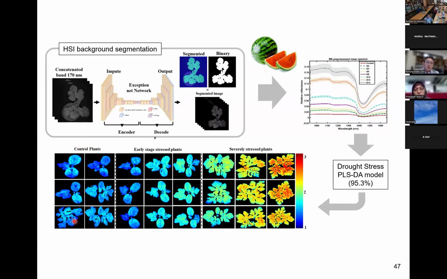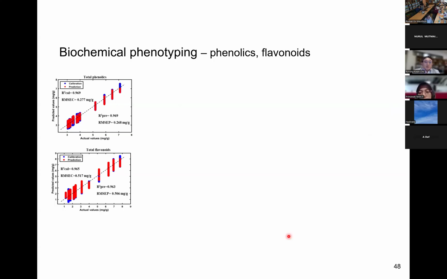Okay, control plant means no stressed plant. Every 2 days, 4 days, after 6 days, 8 days, 10 days, 12 days, 14 days. There are some differences, right? By using that way, we can identify the stressed plants.